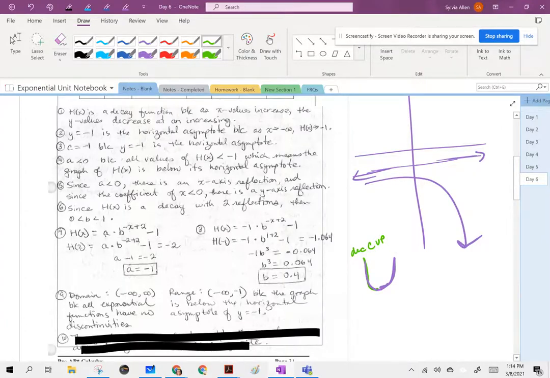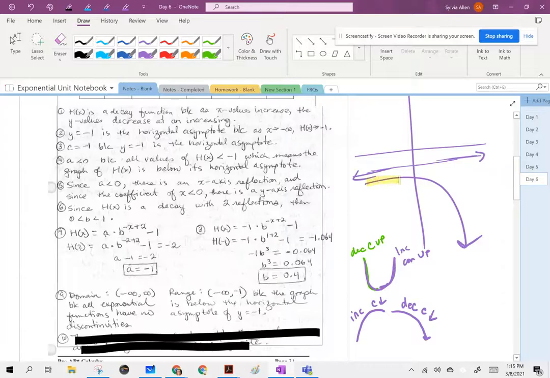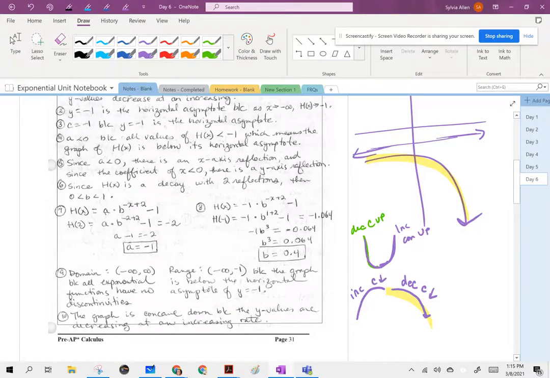This part is increasing, concave up. This part is increasing, concave down. And this is decreasing, concave down. So just bringing in some prior ideas, this entire piece is concave down. So the graph is concave down because the y values are decreasing at an increasing rate.